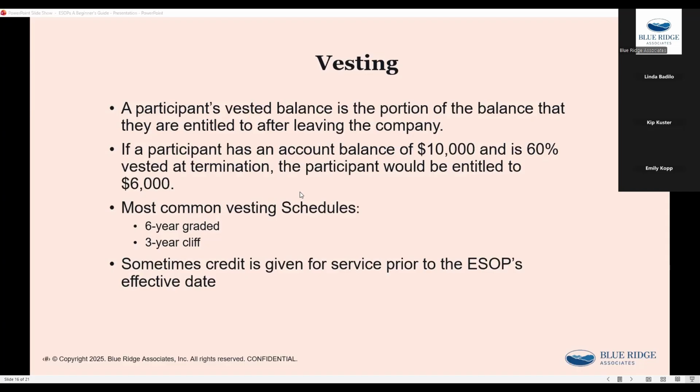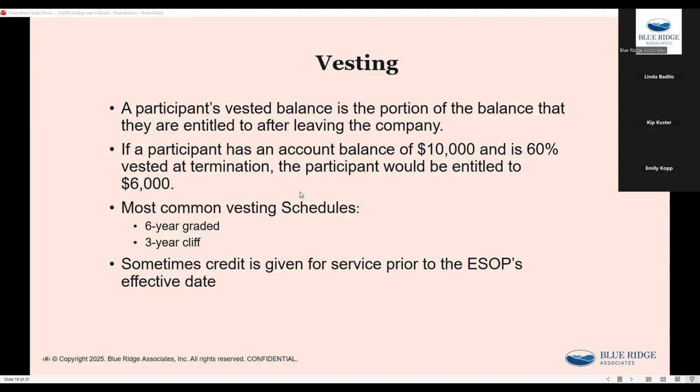The most common vesting schedules that we see are a 6-year graded vesting schedule or a 3-year cliff. So a 6-year graded vesting schedule would be, if they have 0 or 1 year of service, they would be 0% vested. With 2 years of service, they'd be 20% vested. 3 years of service, they become 40% vested, and so on and so forth.